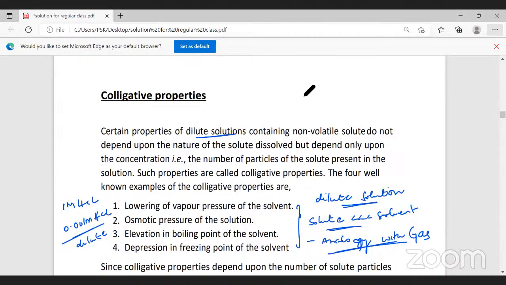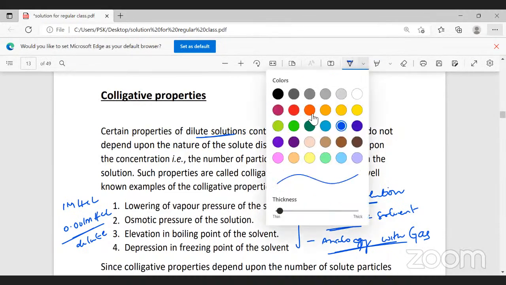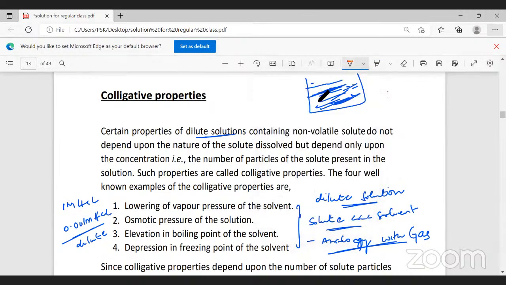Now, when I'm talking about a dilute solution, if I consider this to be a dilute solution, this is a solvent. And we will consider the solute particles like this. Solute particles are very few now. Only a few solute particles I'm representing. Since the volume of the solvent is very high compared to the solute particles, will not the solute particles move freely like gas?